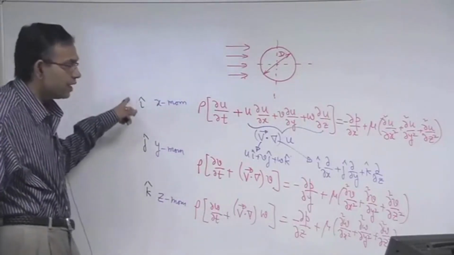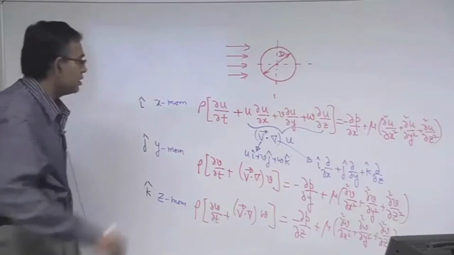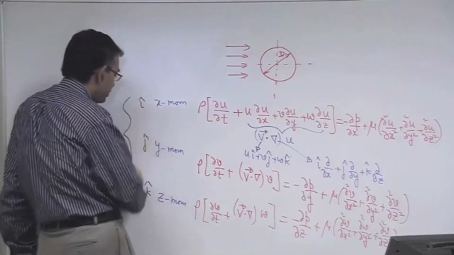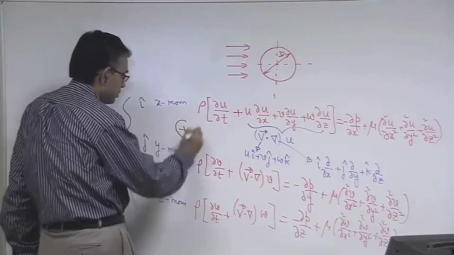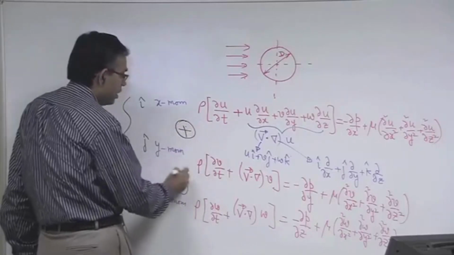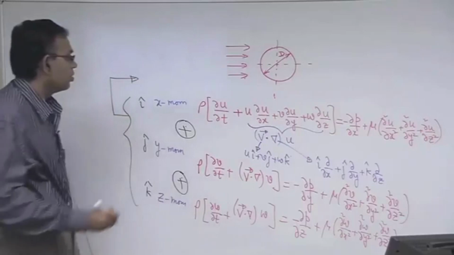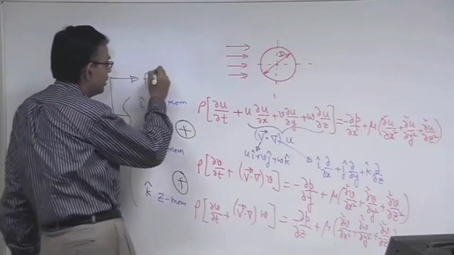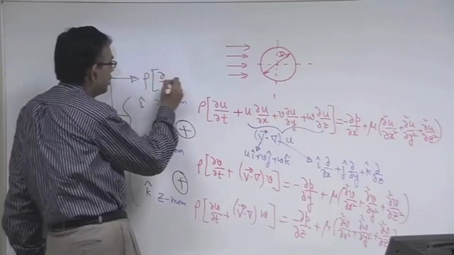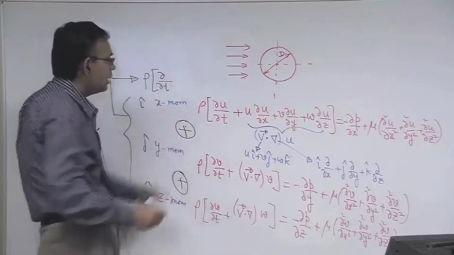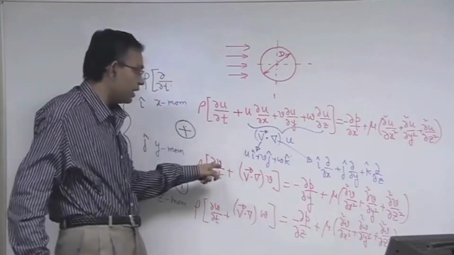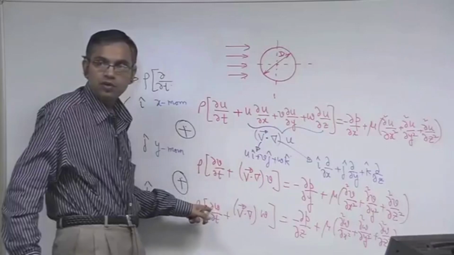So, that gives the vector sum of the 3, and if you do that, then what you get? Rho del del t of u I cap plus v j cap plus w k cap.